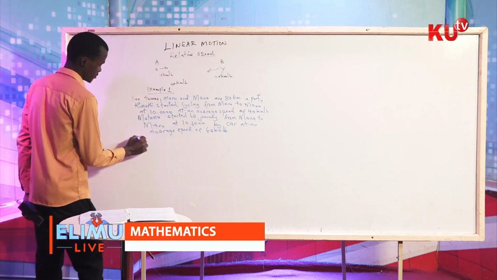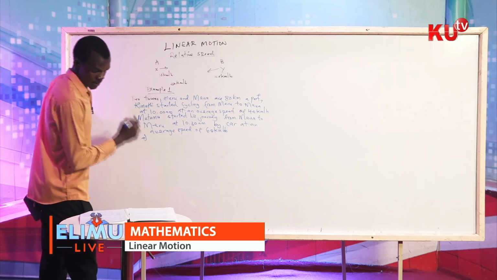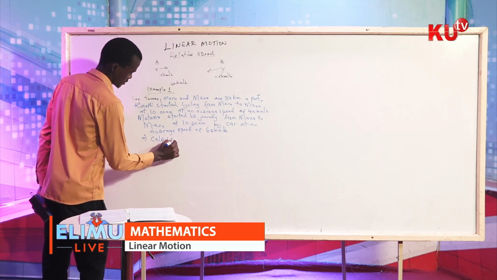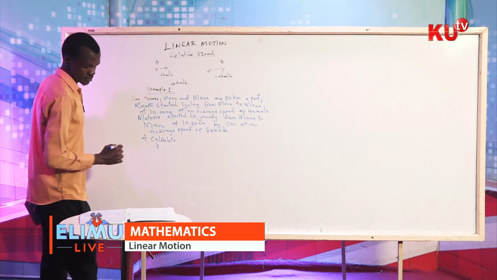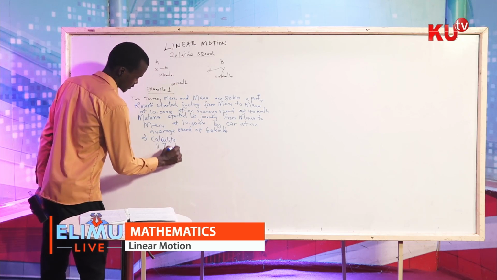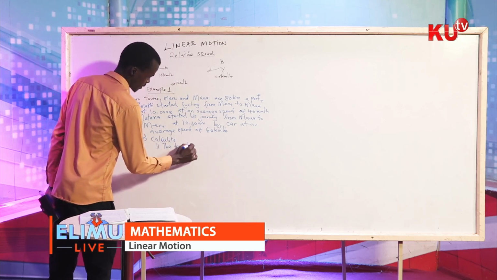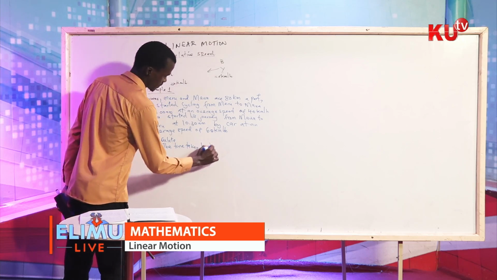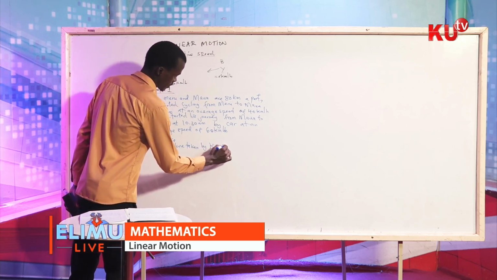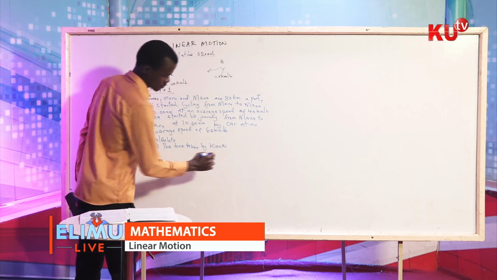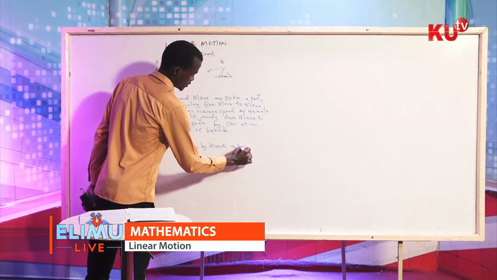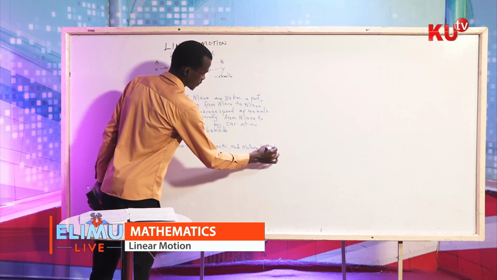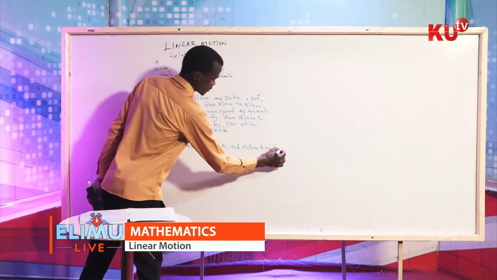And then the question. A, calculate one, the time taken by Kimathi and Mutuma to meet. This one is given to be 2 marks.